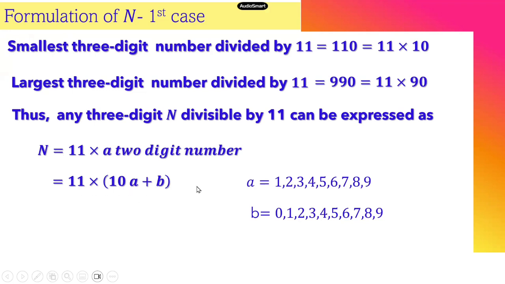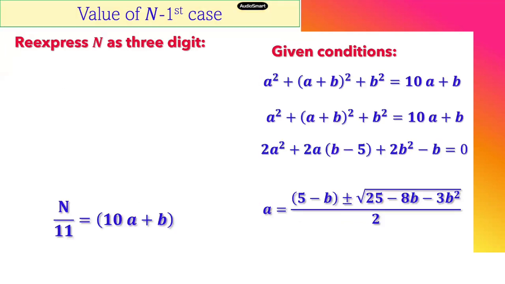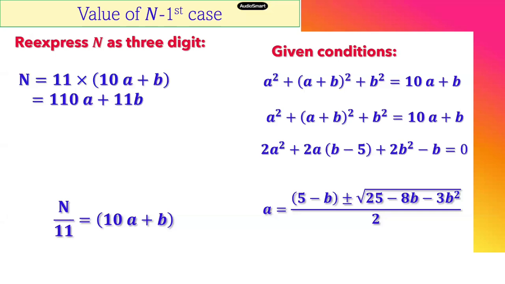Now if we multiply this, we can write n as 100a plus 10a plus 10a plus b plus b. So we write it in the form of hundreds position, tens position, and unit position. Therefore, the digits of n are a, a plus b, and b.